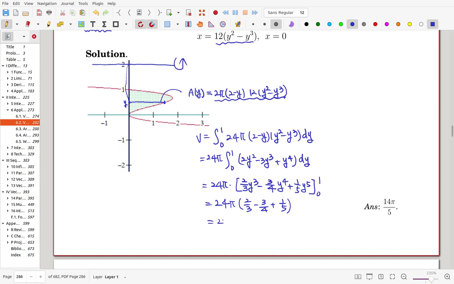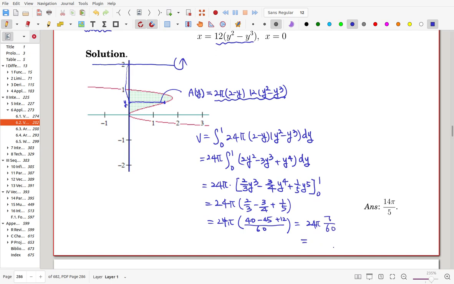The common bottom can be 60: 20 times 2 is 40, 15 times 3 is 45, so minus 45, and 12 times 1, so plus 12. That will be 7, over 60 on the bottom.